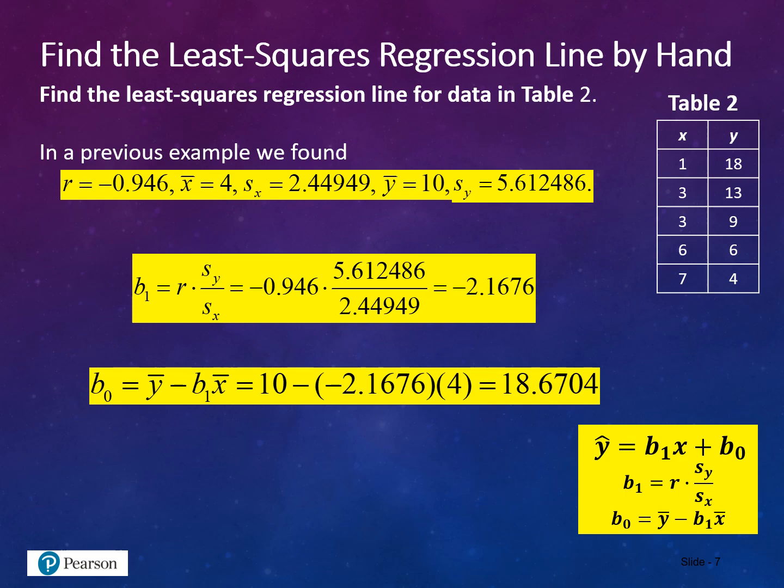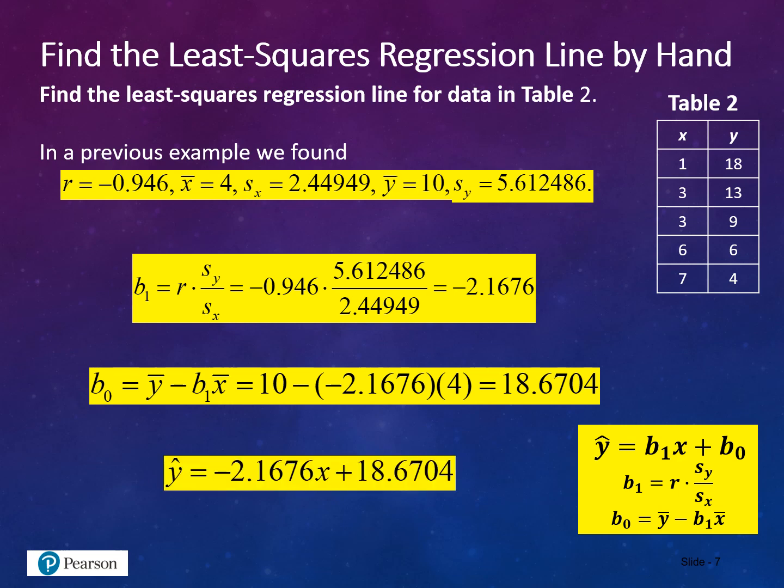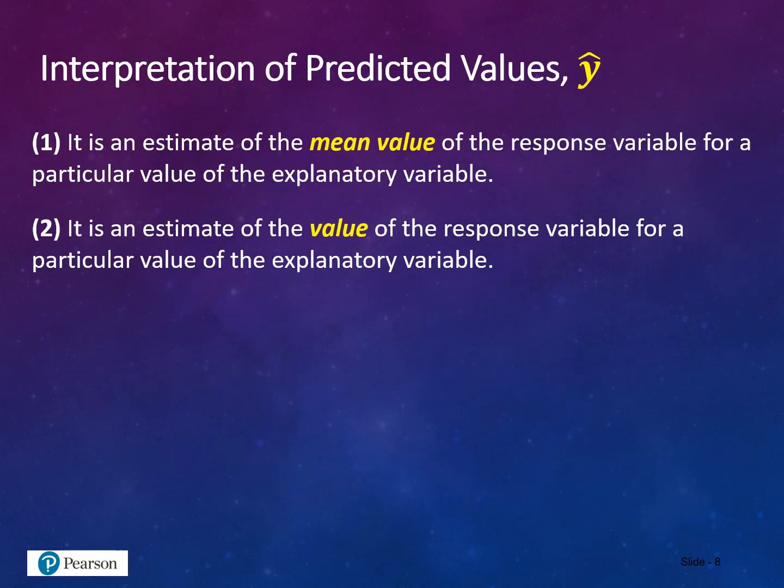Plugging in those values, we get 10 minus negative 2.1676 times 4, which gives us 18.6704 for b sub 0. And now we can plug those into the equation y hat equals b1 x plus b sub 0, and we get our equation for the line. We get our least squares regression line, or what we know as y hat.